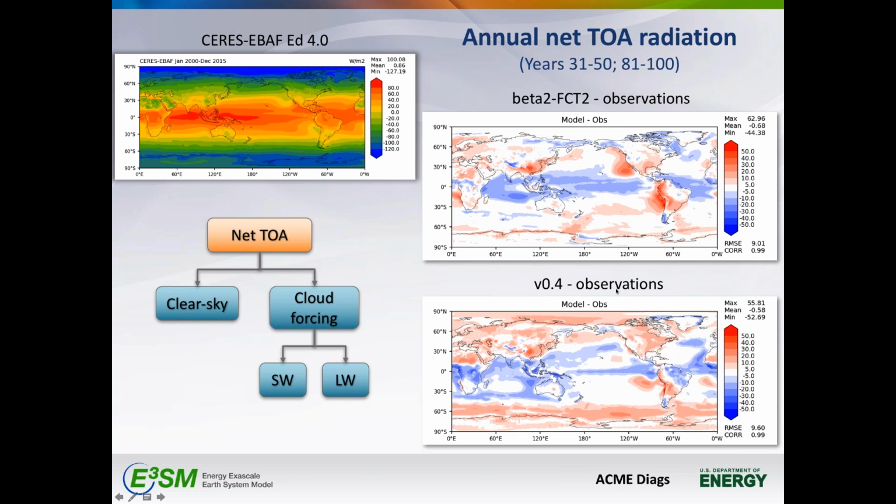And the panels here show you the difference between the model and the observation. The observations are actually for present day, but that's okay because the error between the model and the observation is still much larger than we estimate the change between present day and pre-industrial.